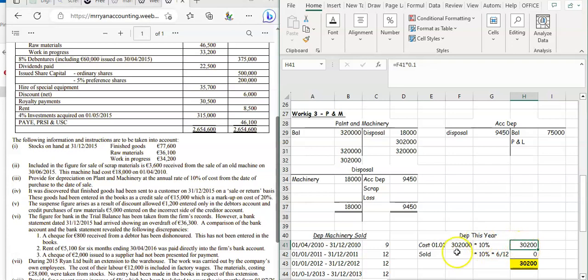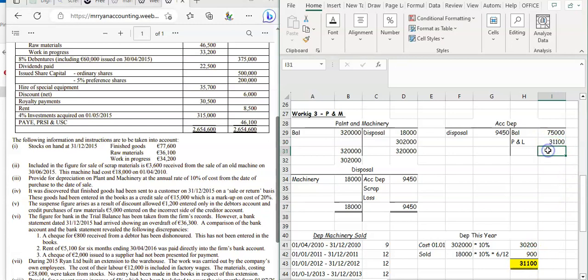That's going to give you the depreciation on all the plant and machinery we have in our company. And then remember that we had this machinery of 18,000 for 6 months. So we need to find out what is the depreciation on that for 6 months. So it's 900. So this year's depreciation is going to be the 30,200 plus the 900. So that's going to go into your manufacturing account.